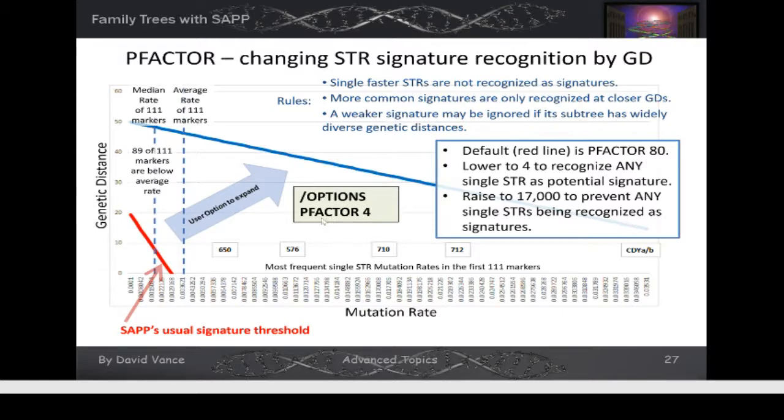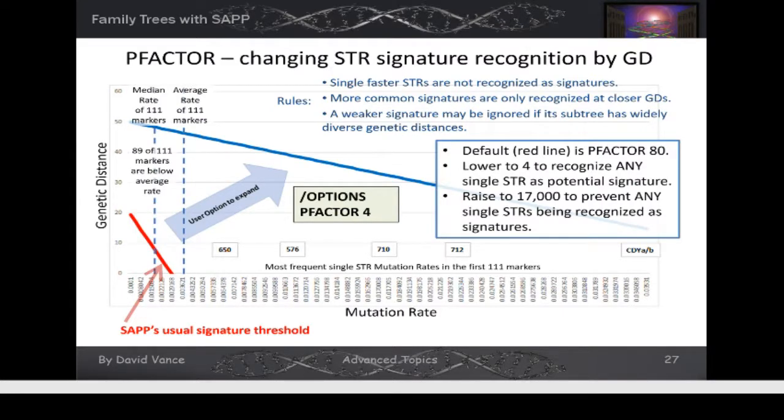So that's something which, again, you have to know what you want to expand or contract. It may be that you want to recognize a particular STR, and you have to know if that STR is faster mutating or slower so that you know what to set this for. But what happens is it changes how SAPP recognizes the single STRs primarily, and it will recognize those at closer GDs a lot faster than it will at the ones farther out.